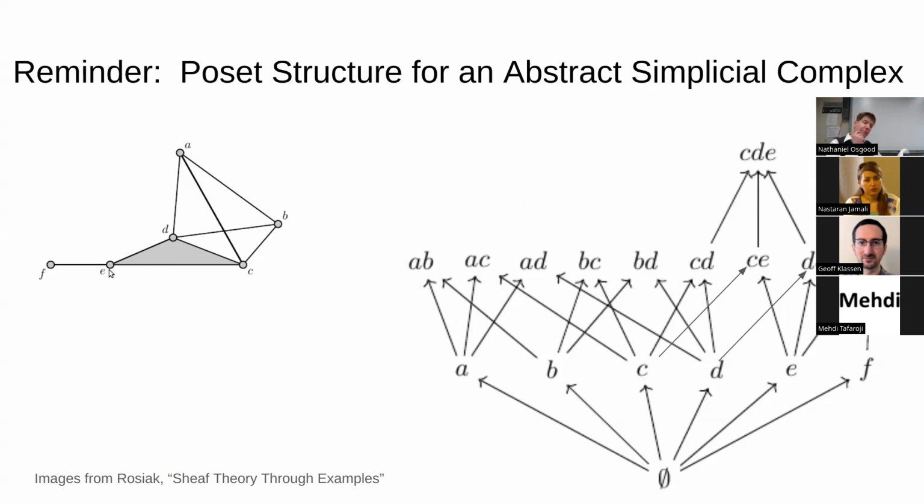So in our sheaf here, we're going to be relating and making sure we have consistent understanding of data over the vertices, over the edges which join those vertices, over the triangles, and any higher dimensional structures like tetrahedra.